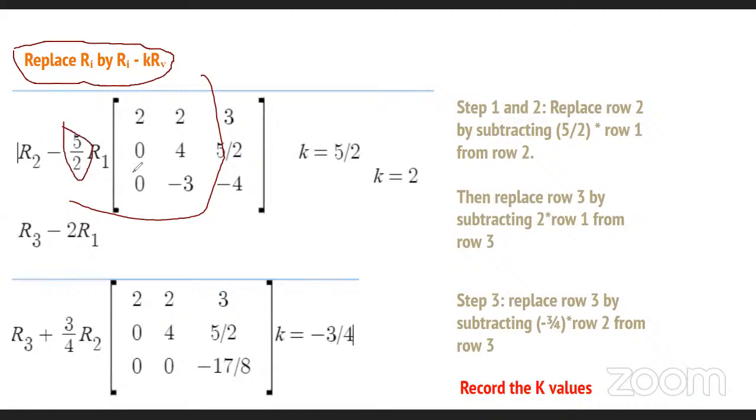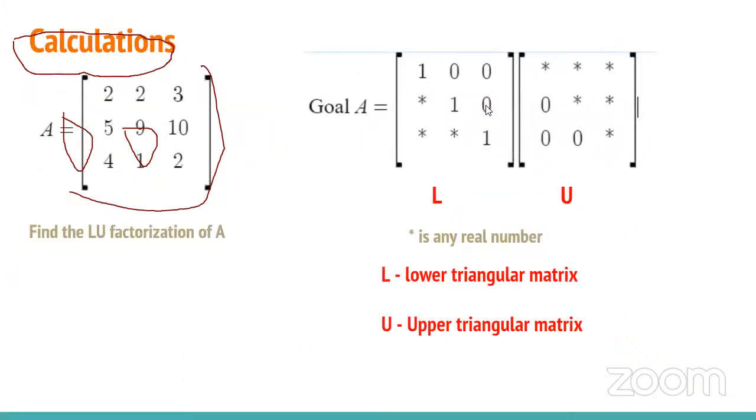So the k value for making this 0 is 5/2. We record that as our first k value. And the second k value, we want to turn this to 0 also, because earlier on it was 1.